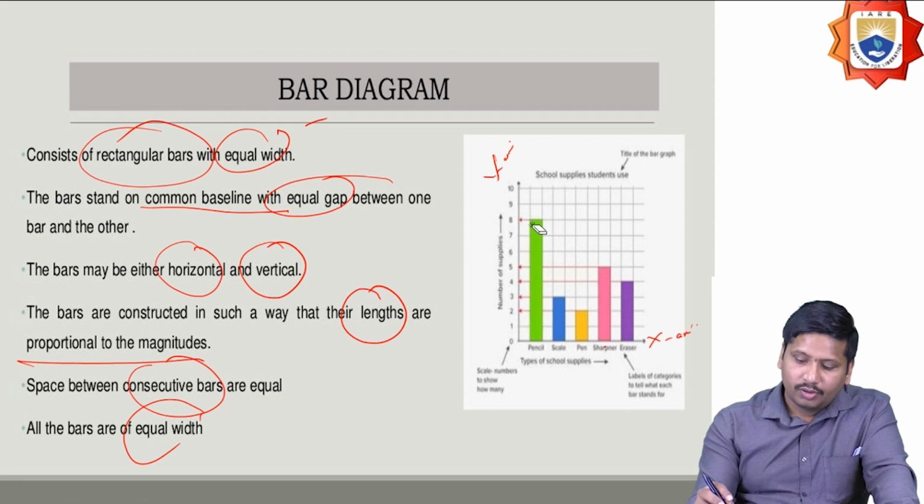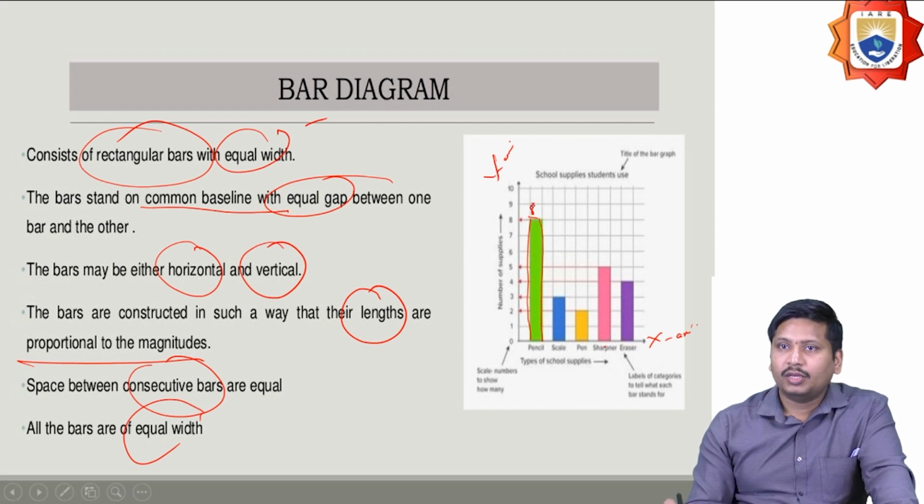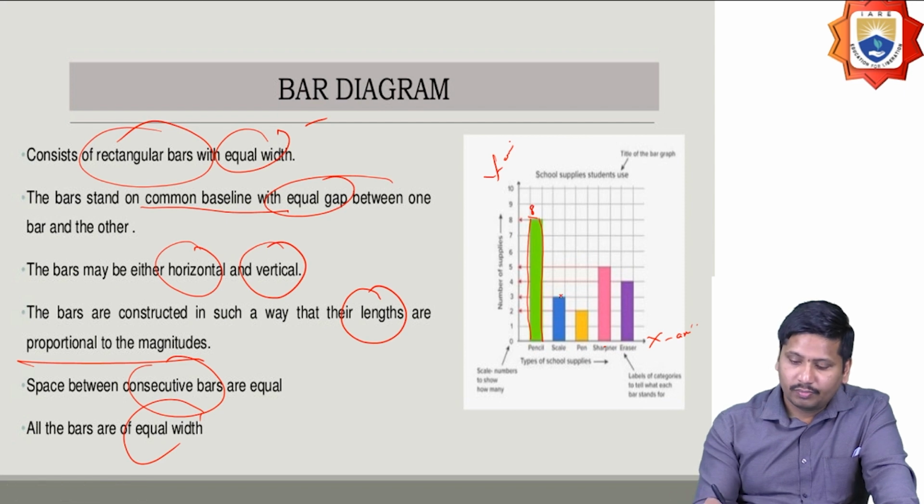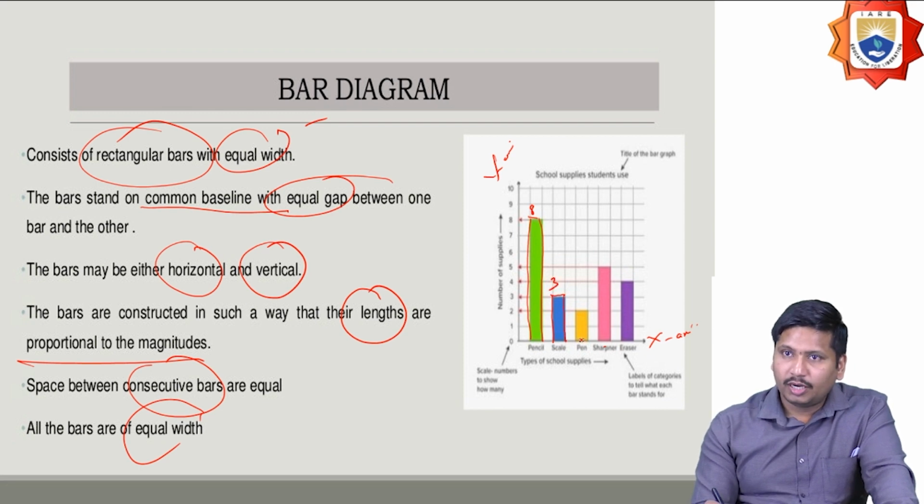Suppose 8 students use the pencil. Then I have to draw this. And similarly, if 3 students use the scale, then I have to make use of this. And similarly, 2 people use the pen, so this one.